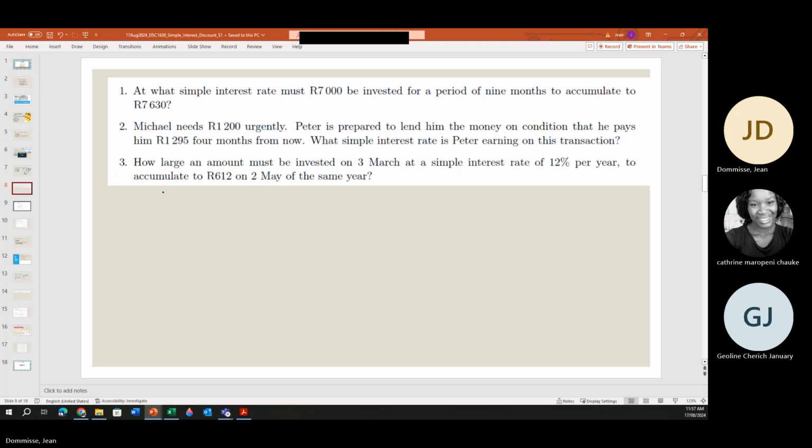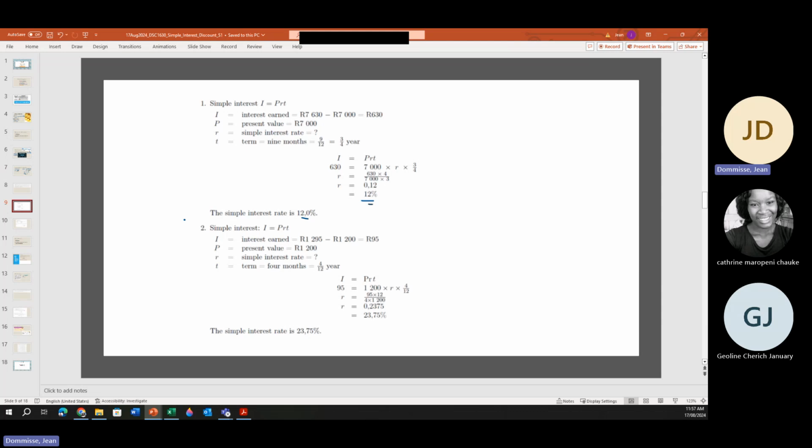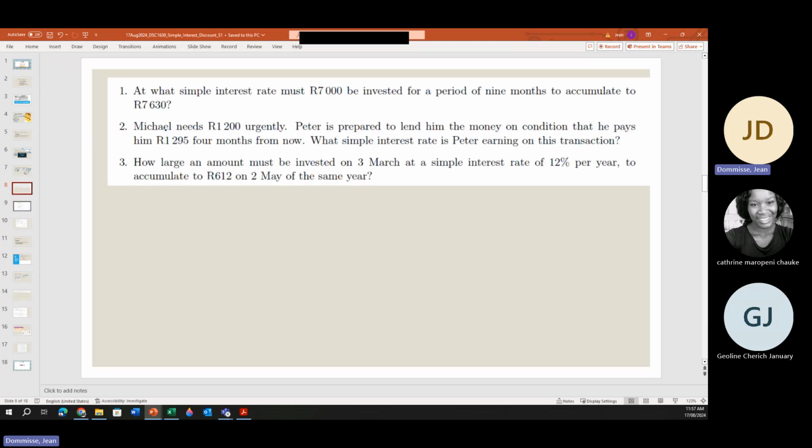So let's look at a few questions. When I share it on the group, you will see I've included all the answers for you as well, and the method to work it out, but we will work through a few examples.